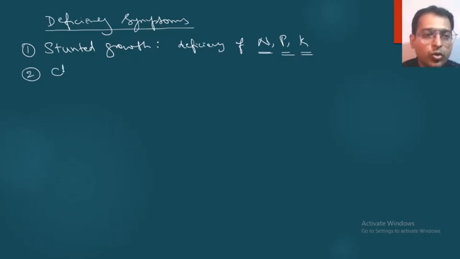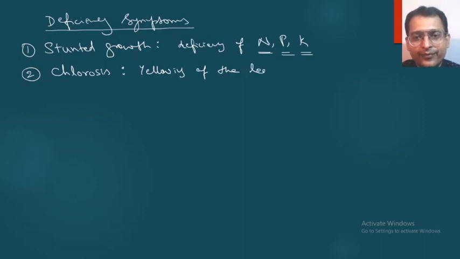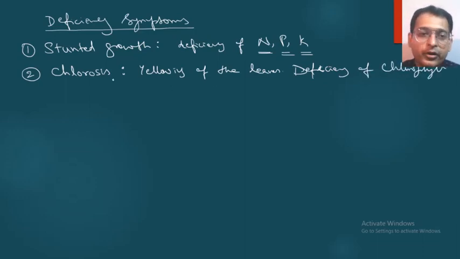Next is chlorosis. Chlorosis means there is yellowing of the leaves. Why? Because there is a deficiency of chlorophyll production.